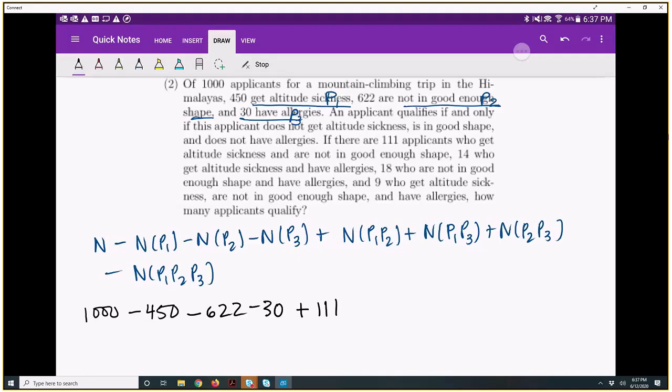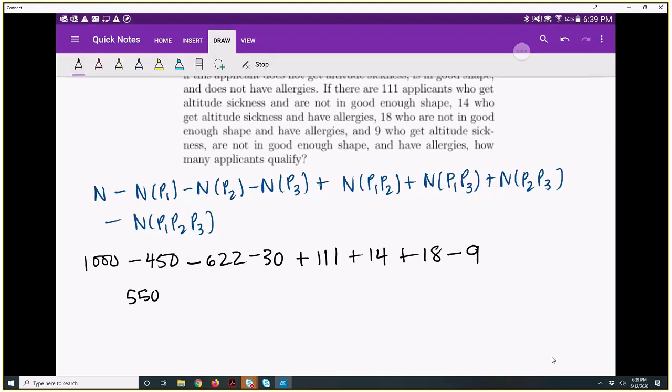14 who get altitude sickness and have allergies, add those back in. 18 who are not in good enough shape and have allergies, so add those back in. And finally, we have 9 who get altitude sickness, are not in good shape, and have allergies. So we want to compute this number.